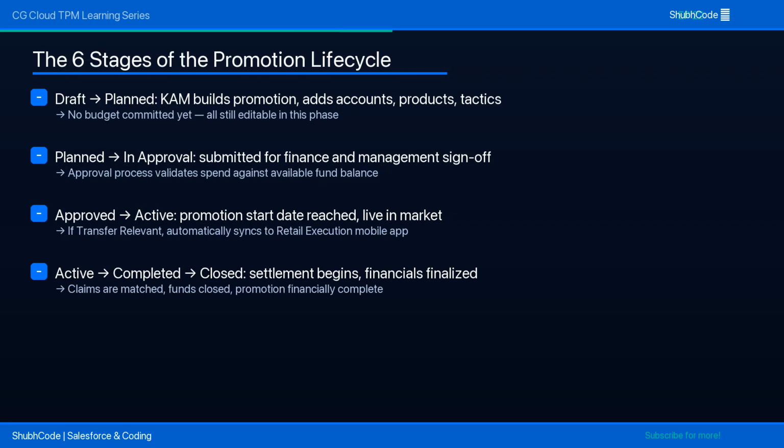Let's walk through the 6 stages every promotion goes through. Stage 1, Draft. The KAM is still building the promotion. Nothing is committed yet. Stage 2, Planned. The promotion is fully defined and ready for review. Stage 3, In approval. Submitted, going through the approval workflow. Finance and management need to sign off. Stage 4, Approved.